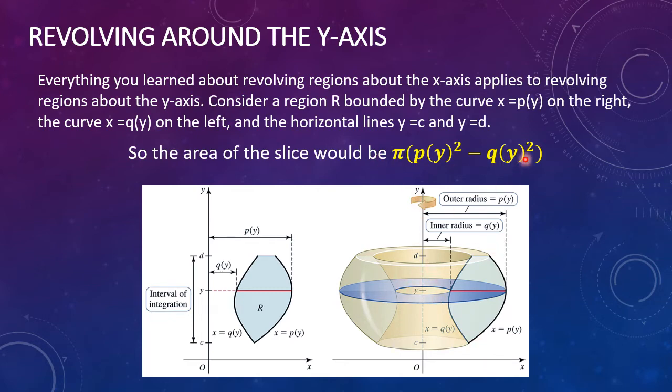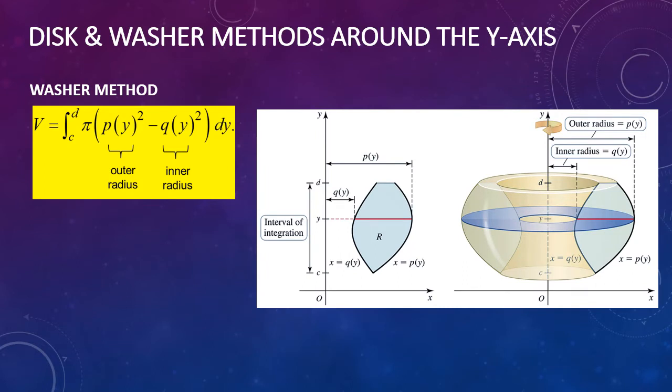And so we have a very similar formula as when we revolved around the x-axis. The washer method looks pretty much the same, except we have functions in terms of y instead of x. Pi times the outer radius squared minus the inner radius squared, dy over whatever interval.